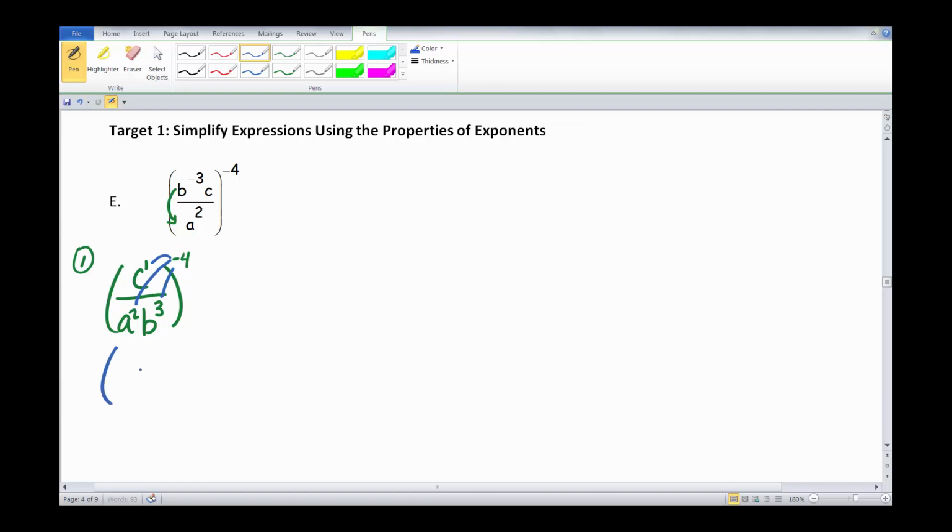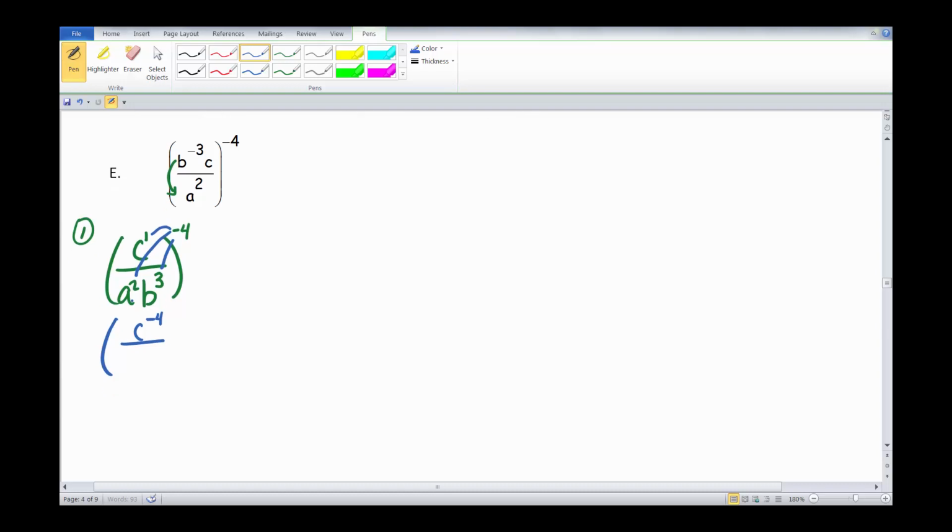So when we do that, we end up with c on top raised to the 1 times negative 4 gives us negative 4. On the bottom, we have a squared times negative 4, so we'd end up with a to the negative 8. B, again, power to a power, multiplying those exponents, so 3 times negative 4 gives us negative 12.